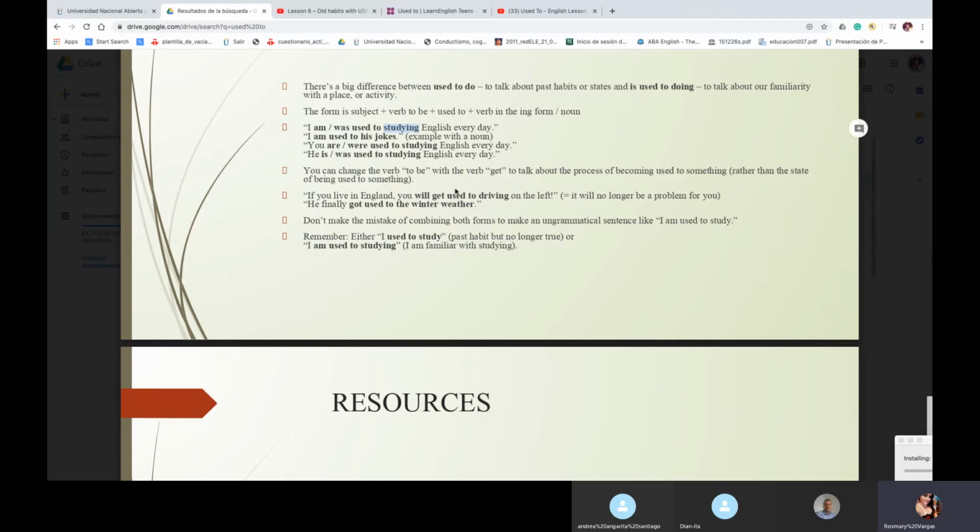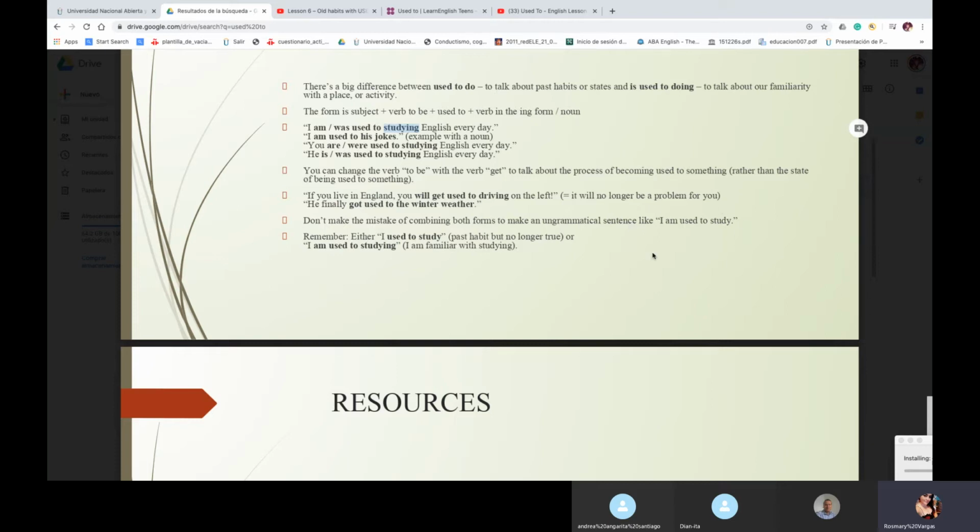Sometimes when we talk about used to, it's about custom, acostumbrarnos a hacer cosas, okay? He finally got used to the winter weather. Finalmente se acostumbró al clima de invierno. Don't make the mistake of combining both forms to make an ungrammatical sentence like I am used to study.